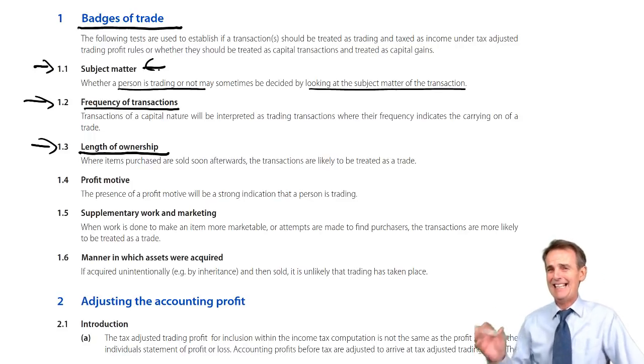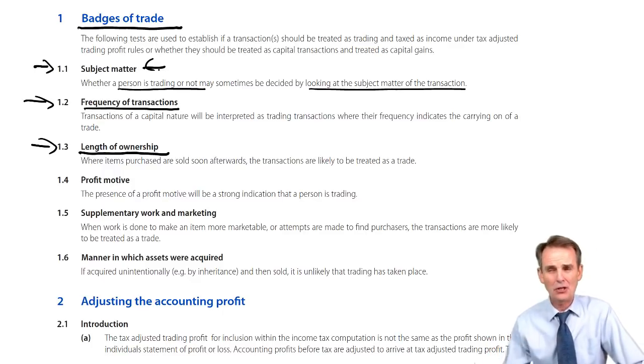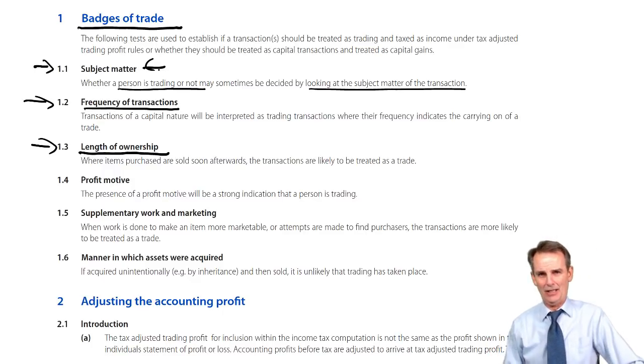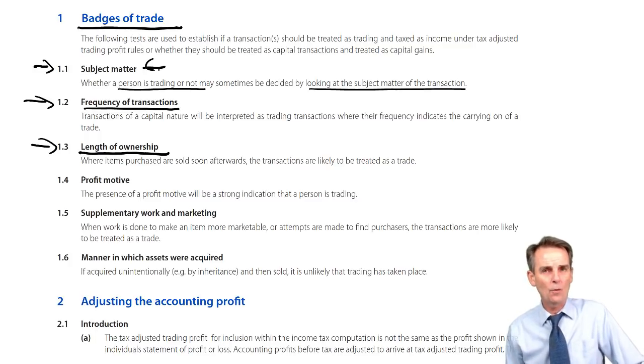There's a classic case that is usually quoted in just about every text here. A situation where an individual had one transaction, bought 1 million toilet rolls, and then proceeded to sell those toilet rolls.